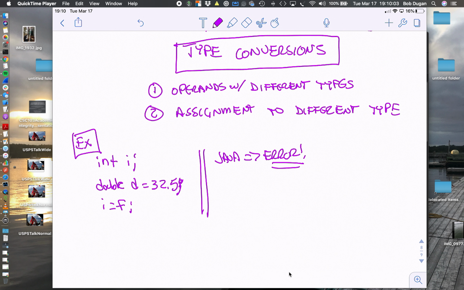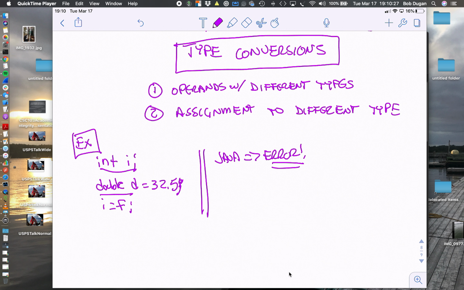And the reason why is that an integer is 4 bytes, a double is 8 bytes, and trying to stuff an 8-byte number into a 4-byte number is not a good thing. And also, we're not allowed to have anything to the right of the decimal point when we have an integer, and trying to take that 32.5 and stuff it into an integer, we're going to lose that 0.5.